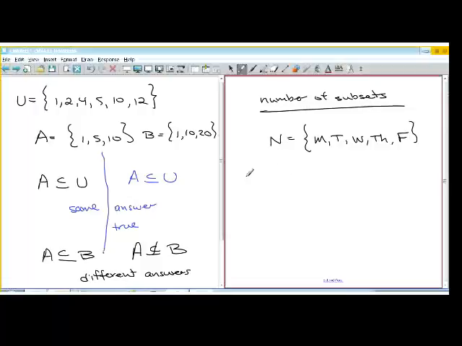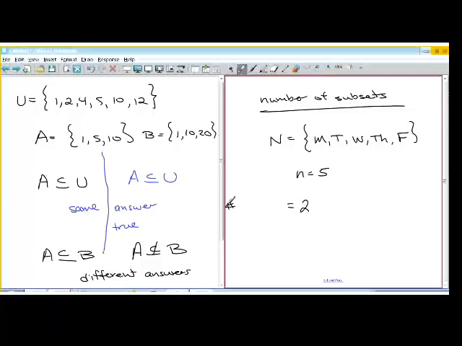So it's the set of weekdays. If I ask how many subsets there are, you wouldn't start listing all the possible subsets. What you do is count the number of elements. So the number of elements, or the cardinality of the set, is 5. There's 1, 2, 3, 4, 5. Okay, don't need a calculator for that.